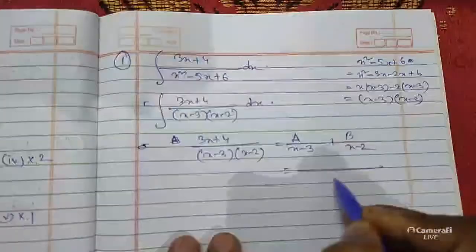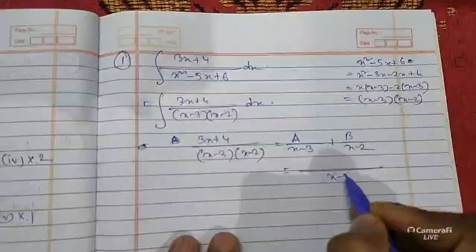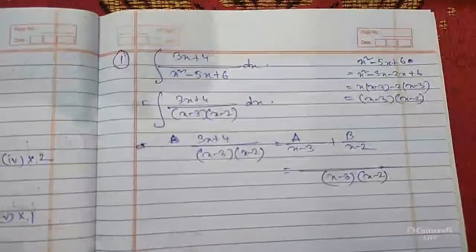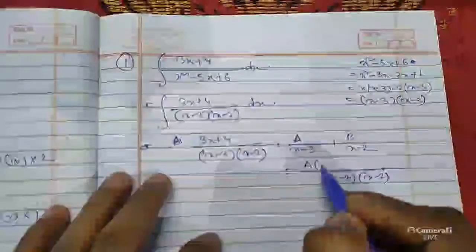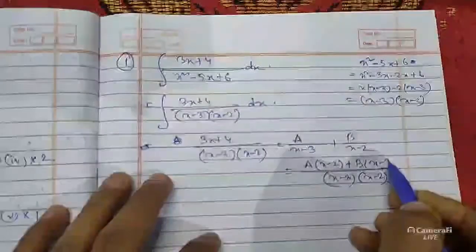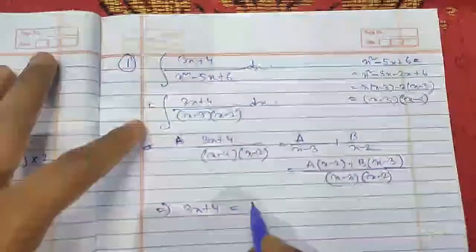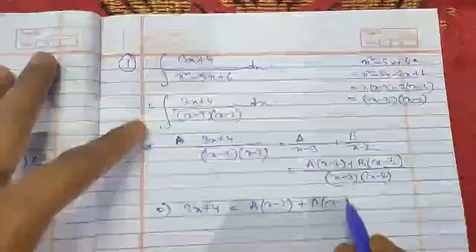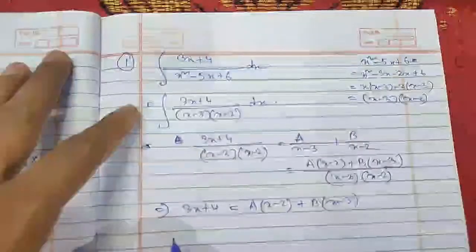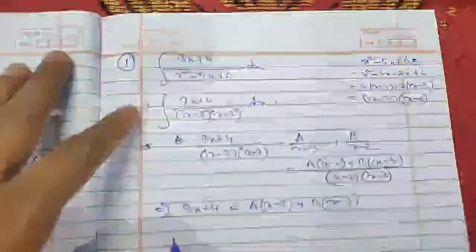How to find? First we take the LCM, that is a into x minus 2 plus b into x minus 3. Next the denominators will cancel, so what is coming? 3x plus 4 is equal to a into x minus 2 plus b into x minus 3.